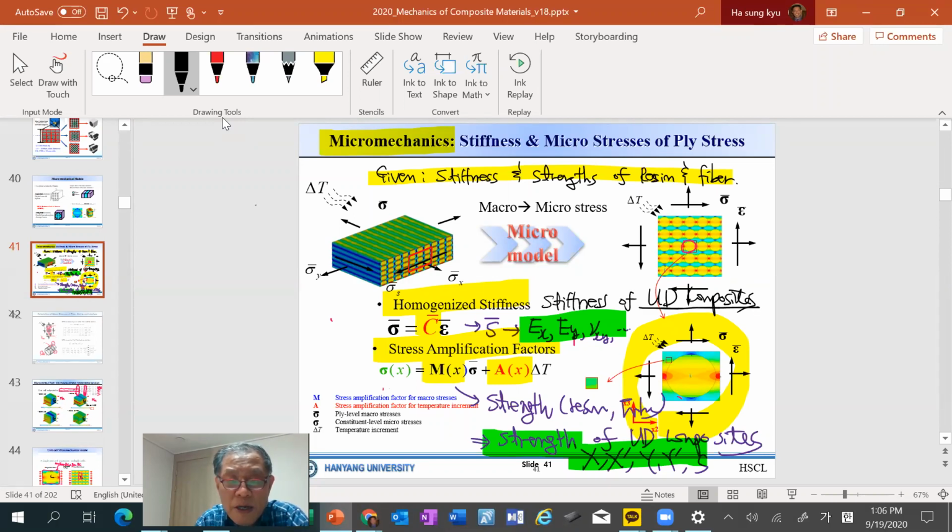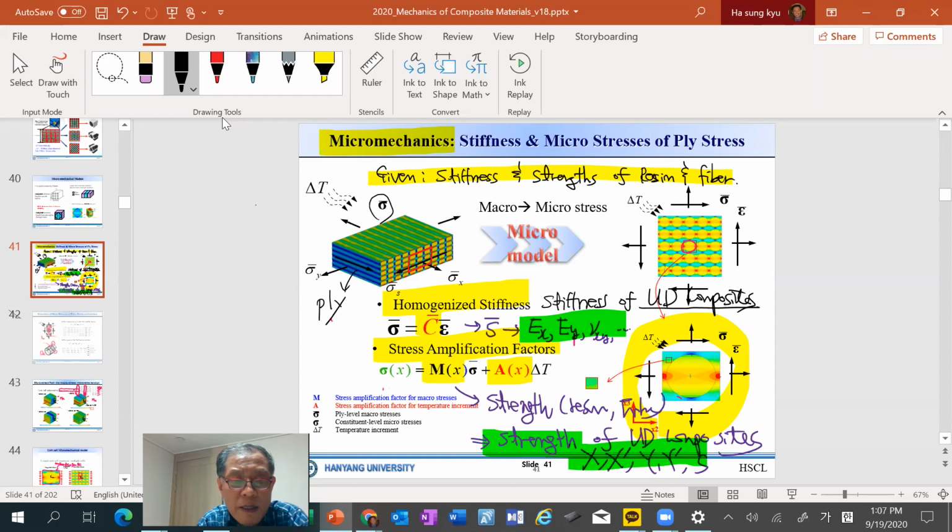So UD composite means this homogenized unidirectional composite. Unidirectional composite means this one ply. So I repeatedly emphasize that sigma bar indicates the stresses at the macro level or ply level. This is called a ply.